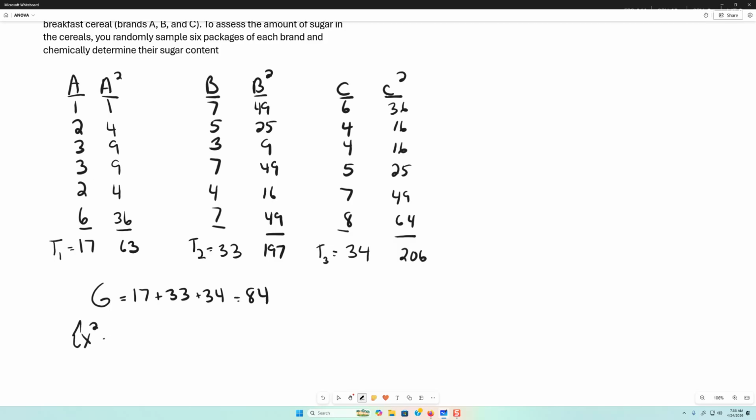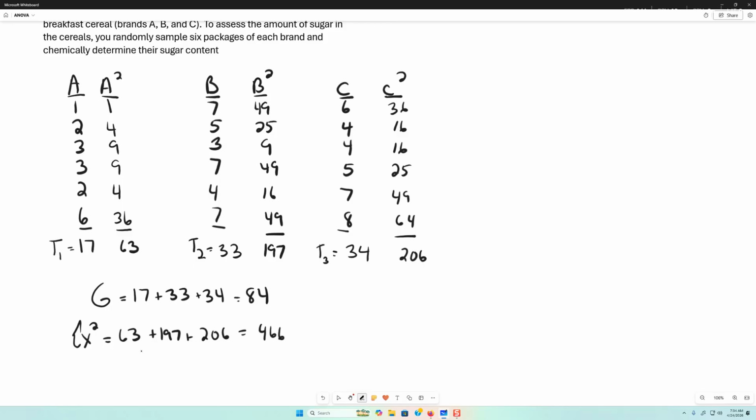So sum of all the squared scores is 63 plus 197 plus 206. And that gives me 466. So I have the grand total at 84, and I have the sum of x squared, the sum of all the squared values, at 466. I'm going to need those to do the calculations shortly.